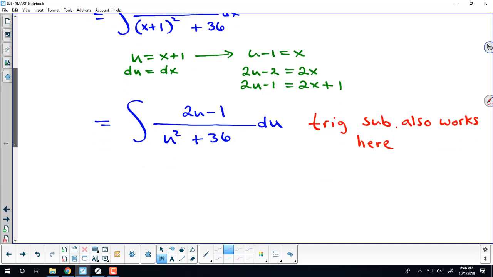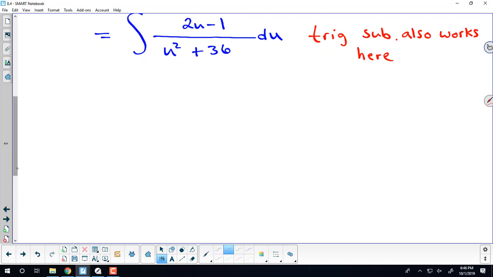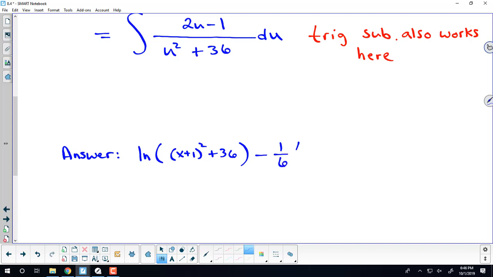I think I'll write the answer down, but I don't want to go too much further. The ln of x plus 1 squared plus 36. No absolute value here because that expression is always positive. Minus 1/6 inverse tangent of x plus 1 over 6.